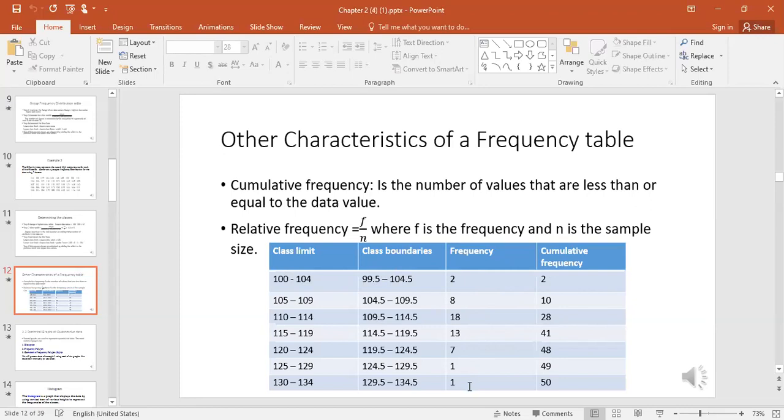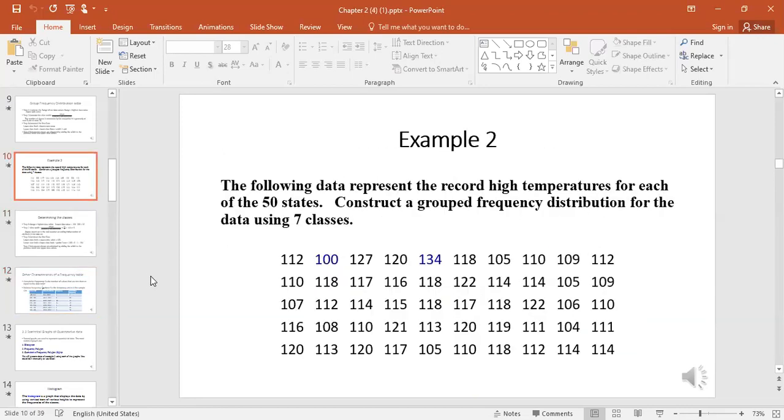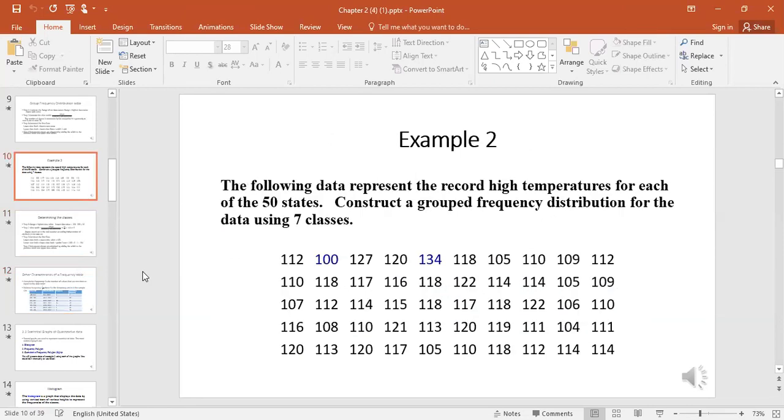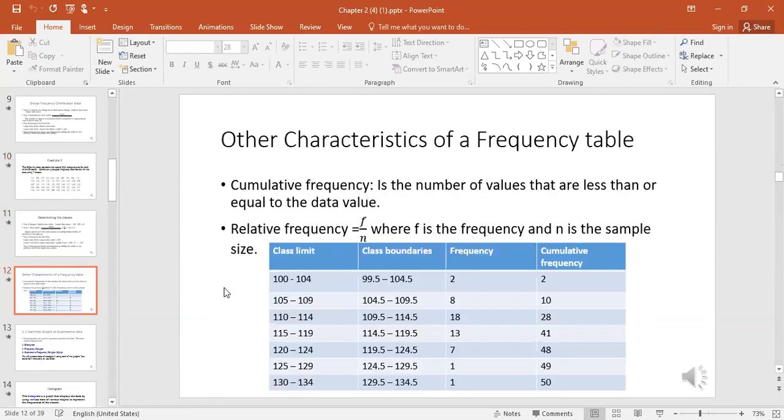So, for example, going back to the data, 112 is the first number. 112 goes to the class 110 to 114. Then the next number, 100, will go naturally to the first class. 127 belongs to the class 125 to 129.